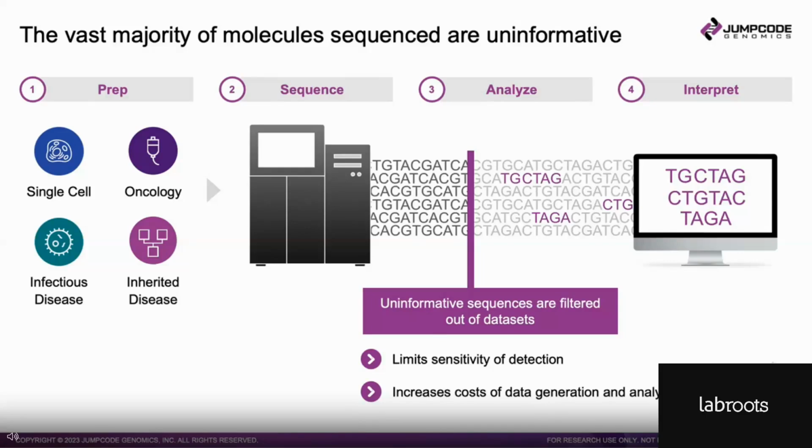And when you have an NGS data set with vast amounts of uninformative data, what you are able to detect is limited, and the cost of sequencing to the depth that could increase the detection level could be unbearable. So using Jumpcode products to remove uninformative molecules before going into sequencing enhances your detection sensitivity at a lower cost.